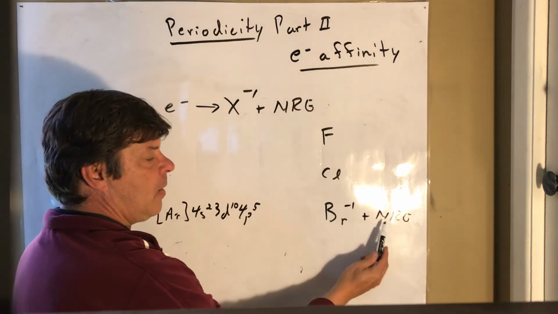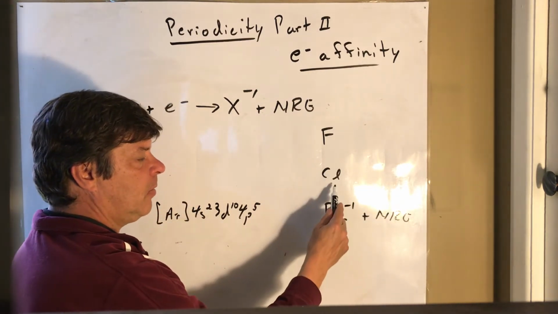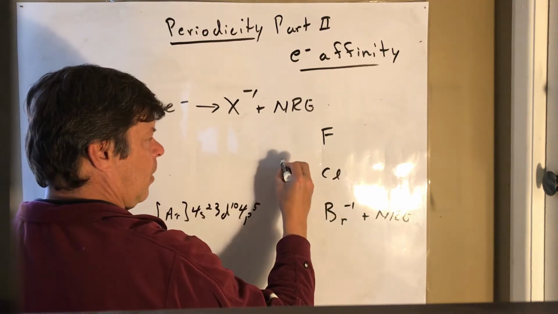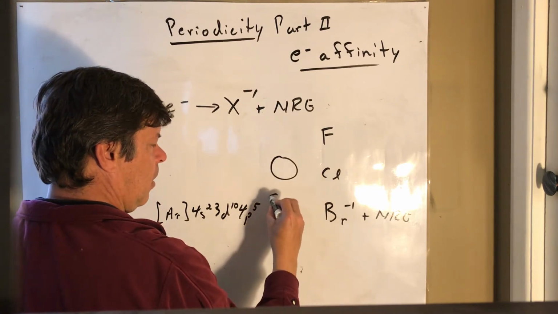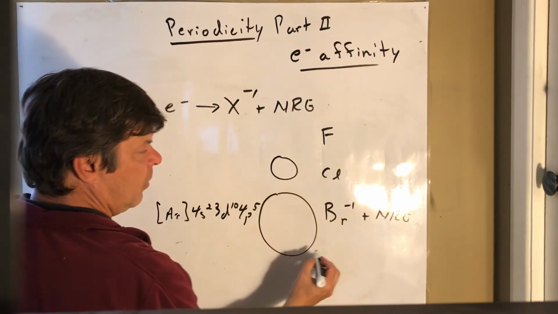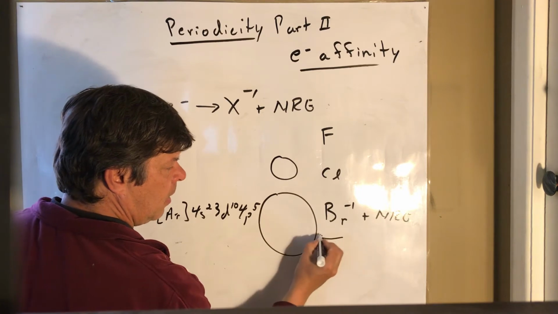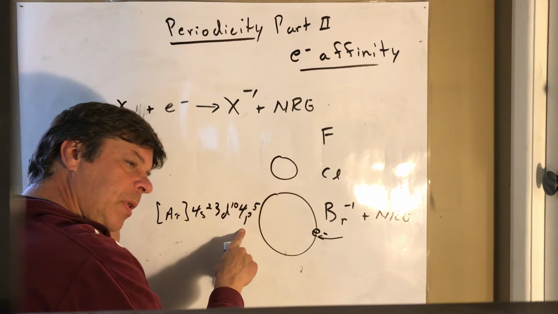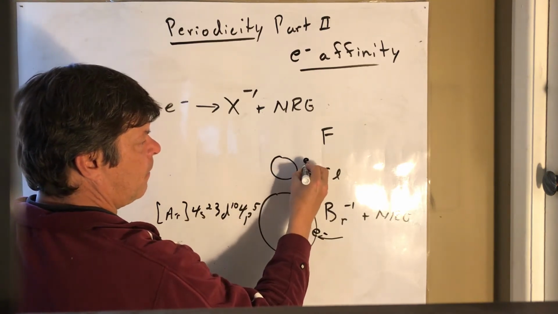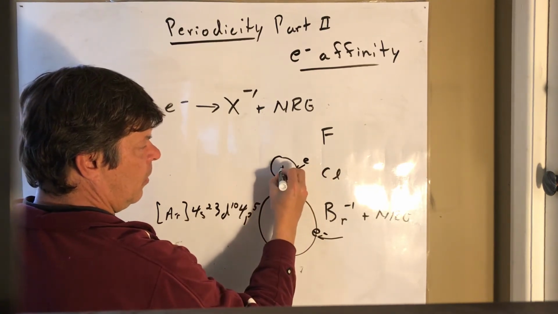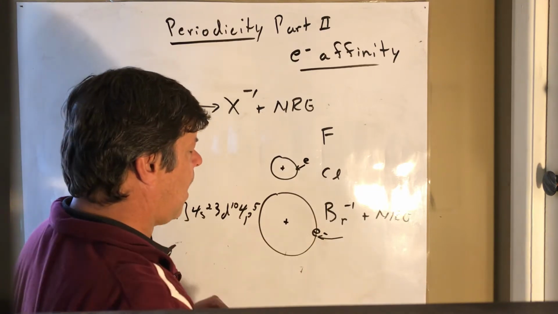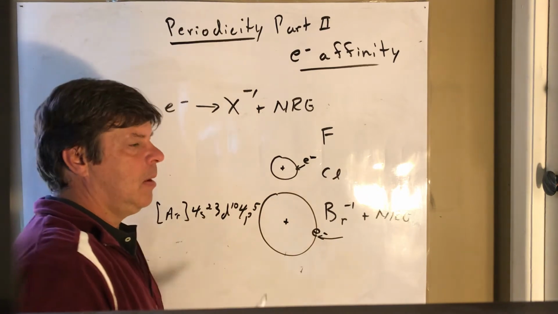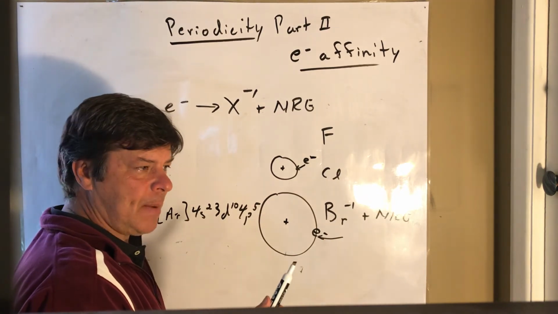Now let's compare that energy with the energy associated with chlorine receiving an electron. Well, chlorine's smaller, right? So when this electron is being added to that p orbital, of course we know there's a nuclear charge there. Think about which one of these electrons is going to be more attracted to the atom.